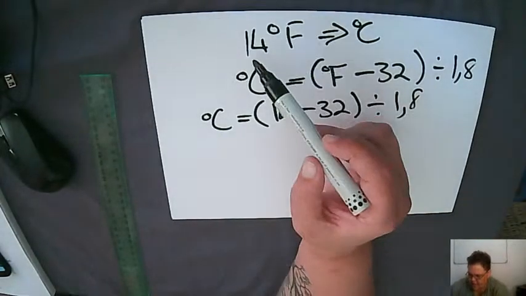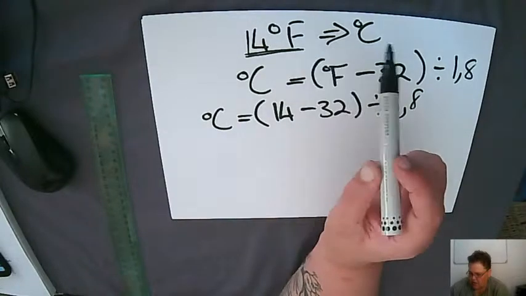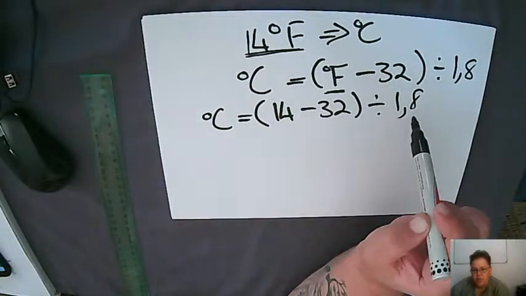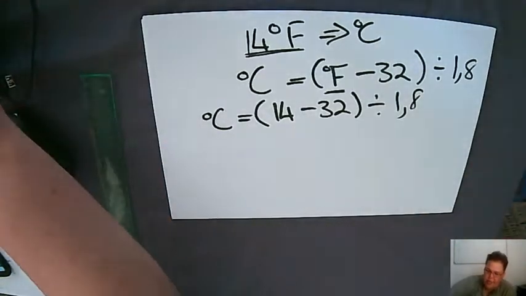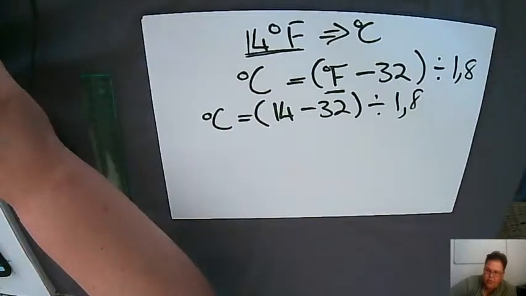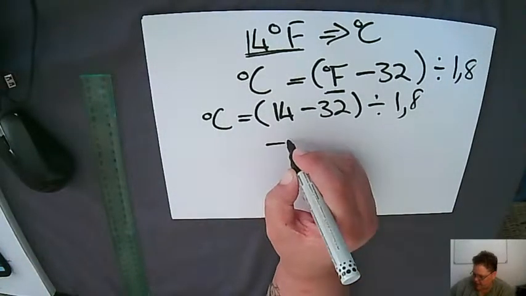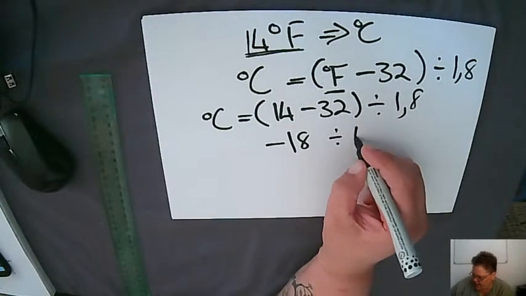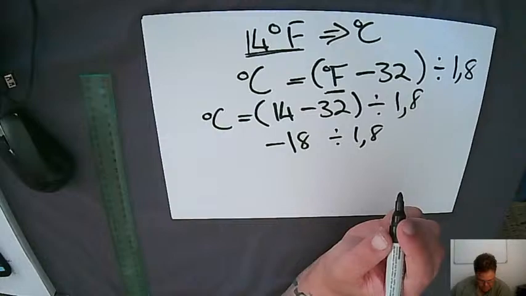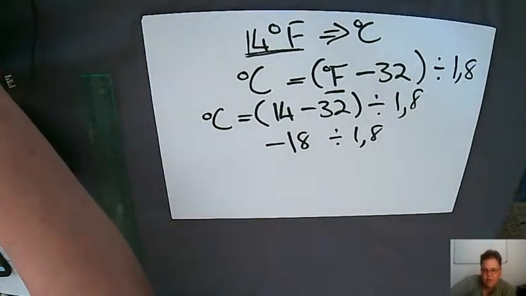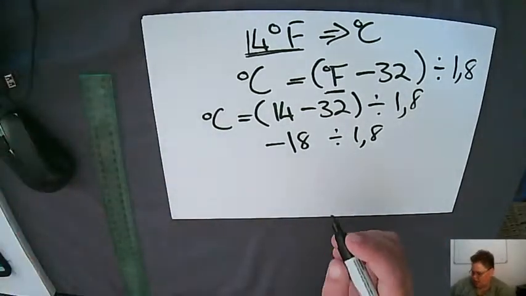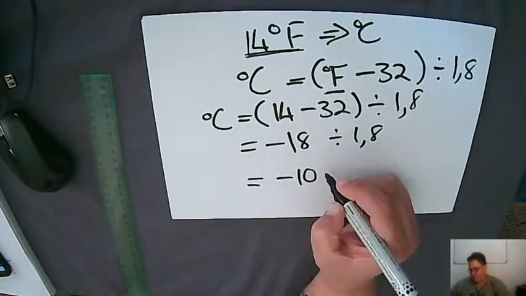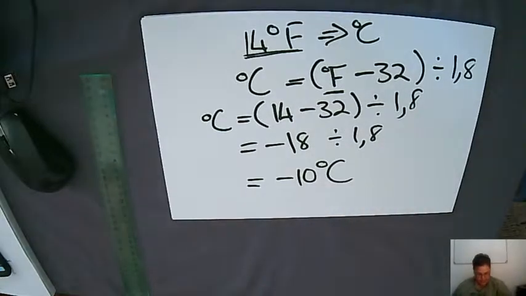All I'm doing is I'm taking the information that I have and I'm putting it into the formula in order to make a workable sum. So now I need to work this out. 14 minus 32 gives me minus 18, divided by 1.8. So you are going to get minus 10 degrees Celsius.